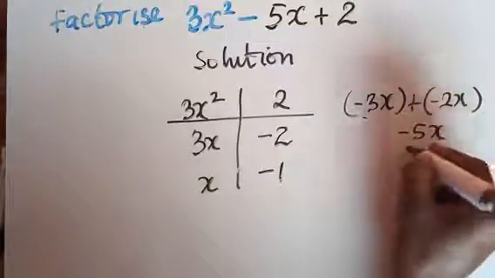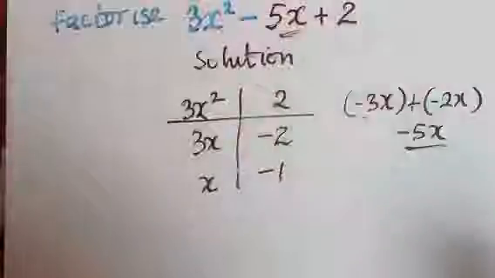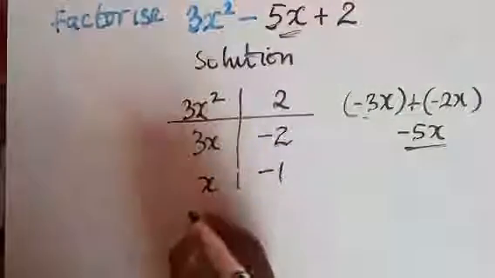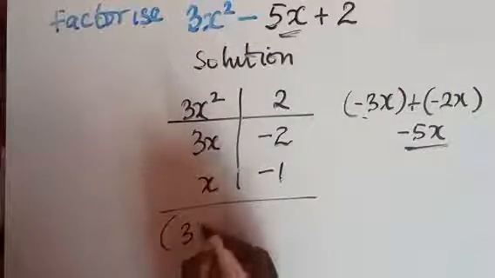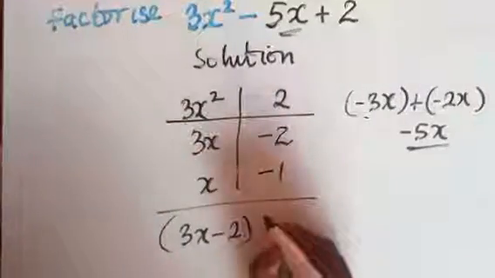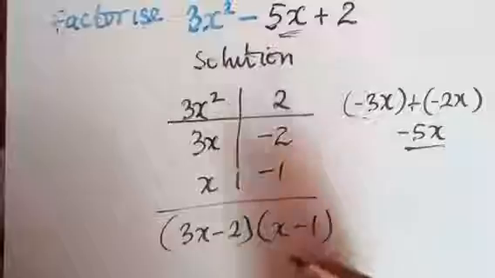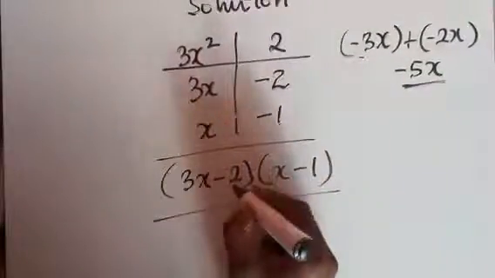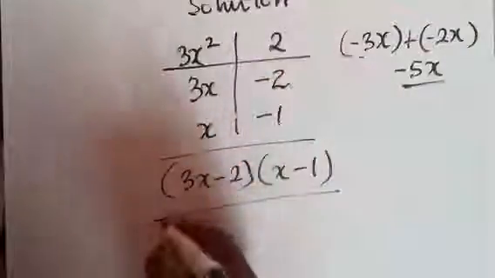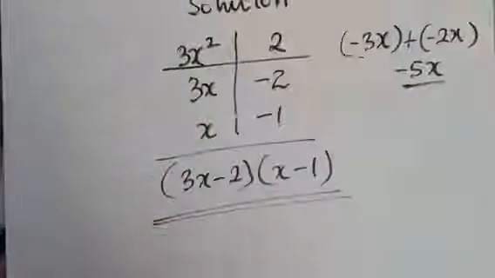So it means that the aspect here has been solved. So once it has been solved, then my solution will now be 3x minus 2, then x minus 1. This one becomes the solution to the quadratic.